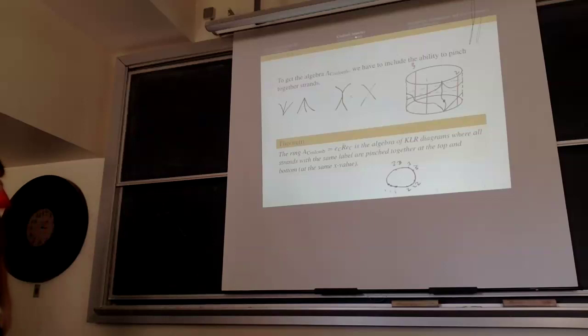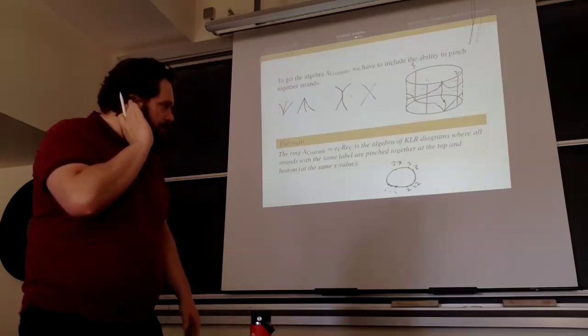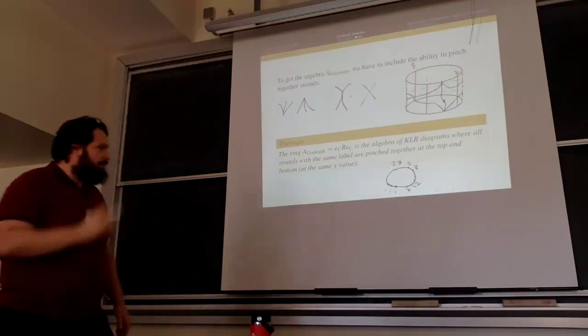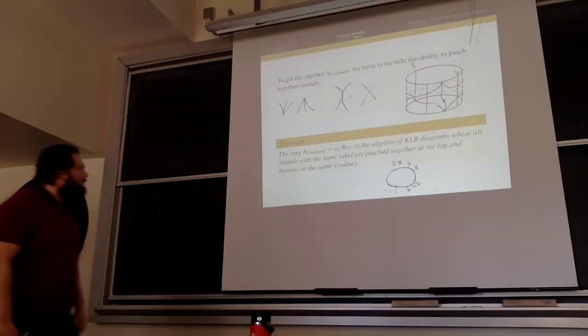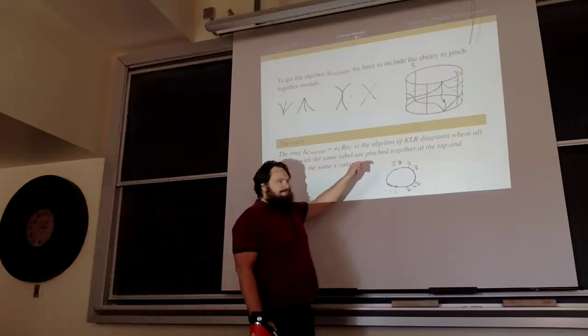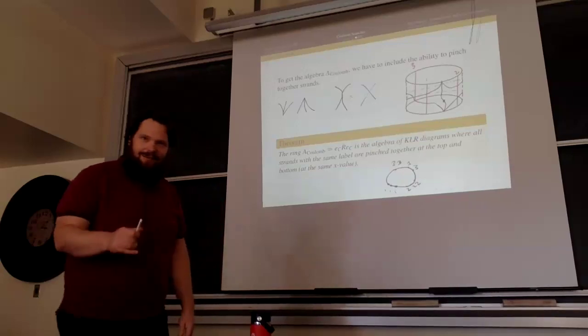Do we know how to realize the center of the QRW in diagrams? You're supposed to tell us the center, which is the coordinate. I mean, the center of this guy. Wait, the center of which algebra?